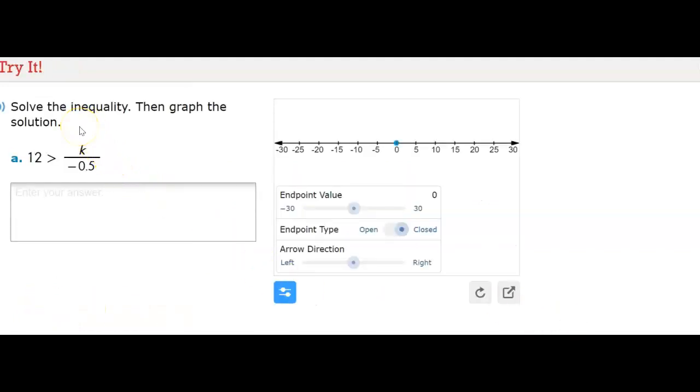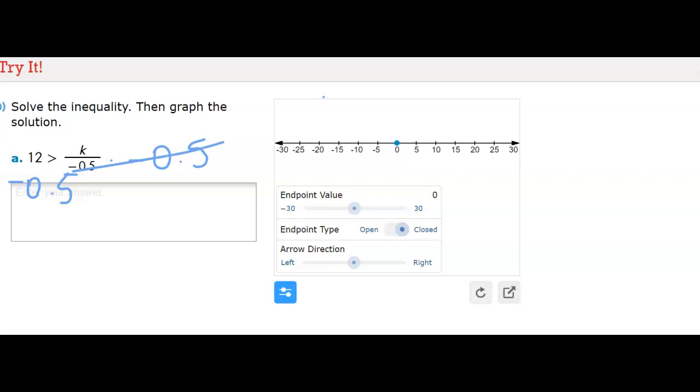Now let's solve this inequality. We are going to multiply by the negative 0 and 5/10 on both sides of the inequality. And these are going to cancel out here.